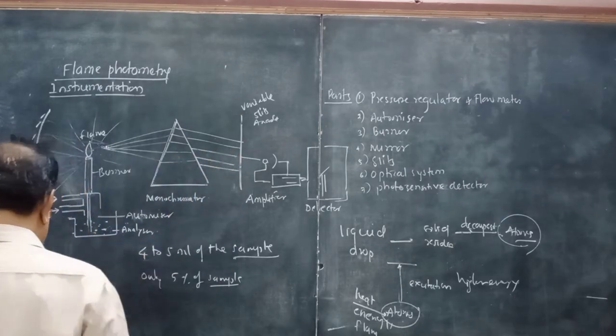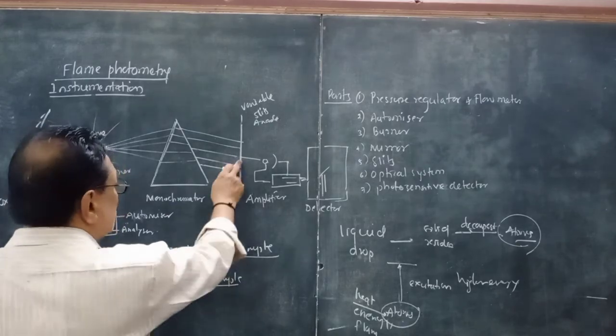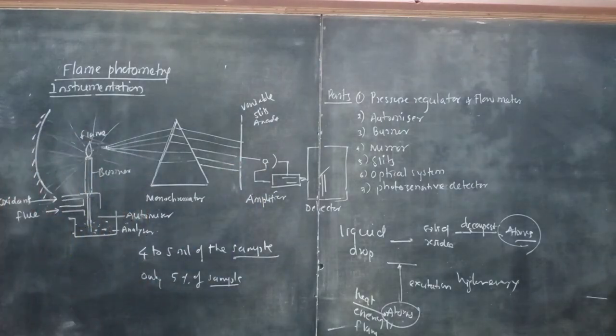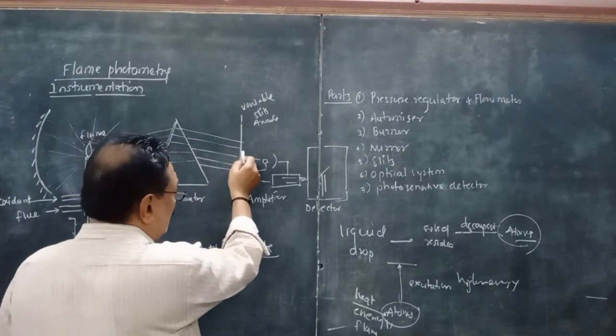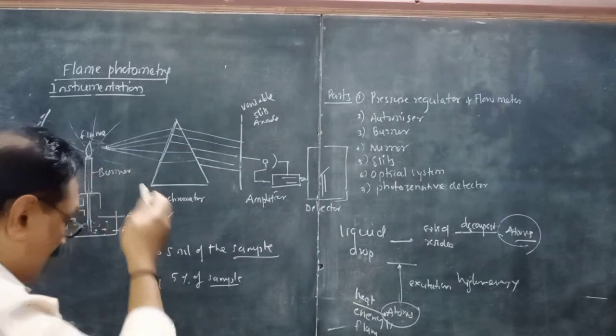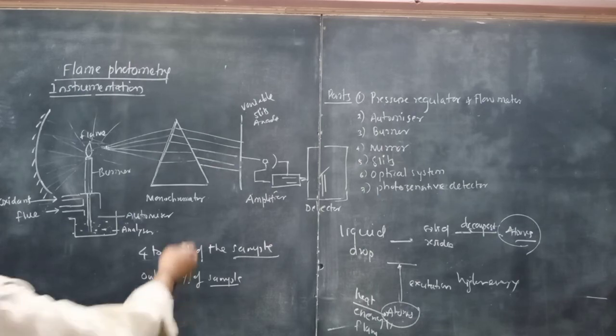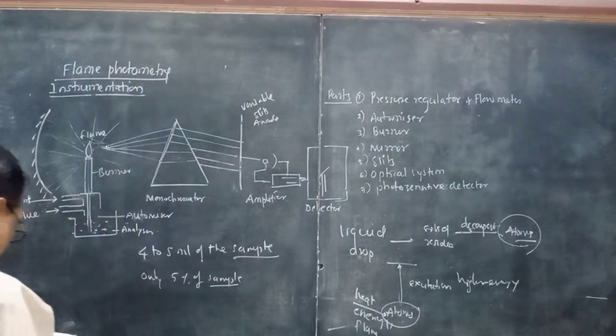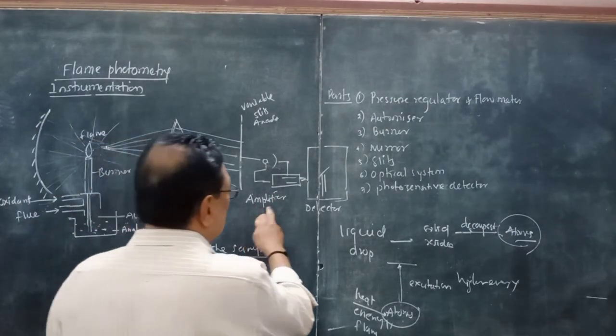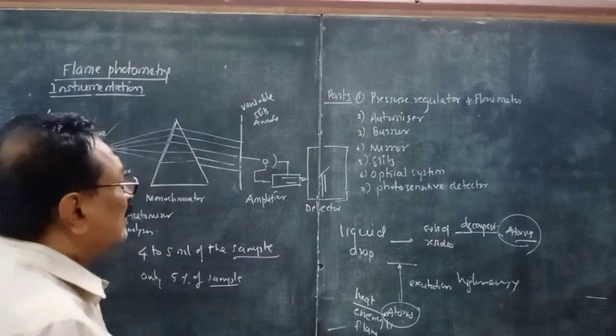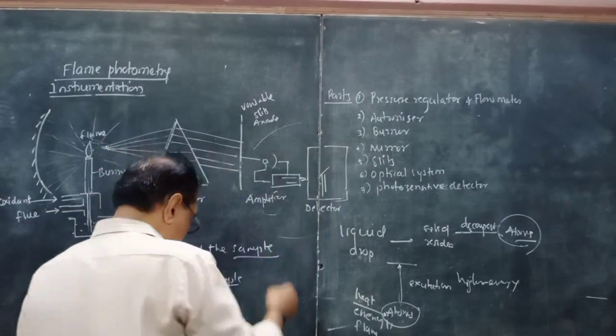The slit permits the radiations from the flame, and whatever radiations come here are filtered, so we get a selected entry into the optical system from the exit slit. It allows the selected wavelength range from the radiations, and they travel towards the amplifier and the detector. This is called the optical system.